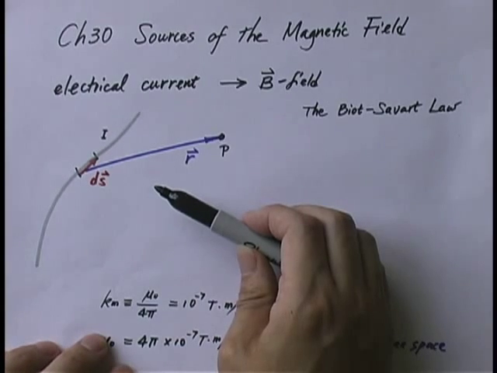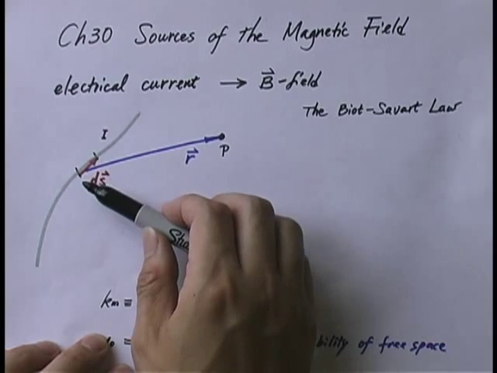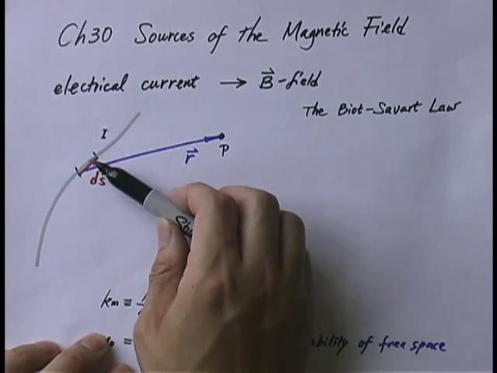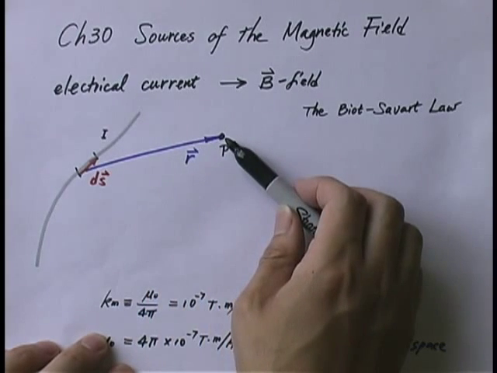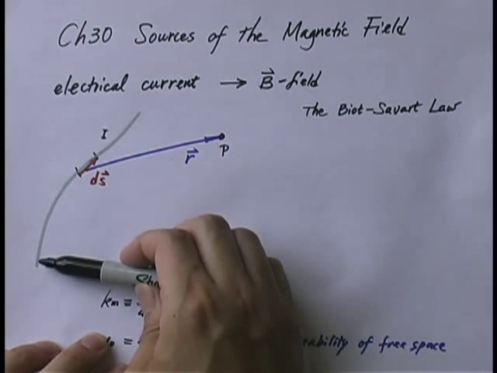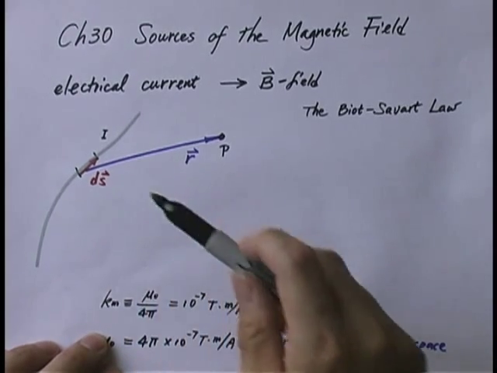So what we're going to do is isolate an infinitesimally small segment of the current, and look at how this small segment can produce a magnetic field. And later on, if you want to know the magnetic field at this point coming from all segments of the current, all you have to do is add the contributions up by the superposition principle.